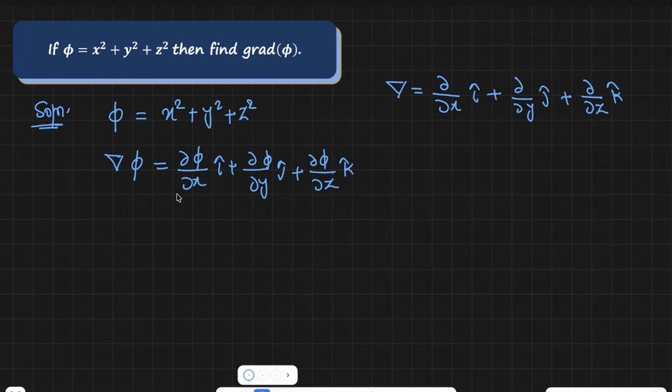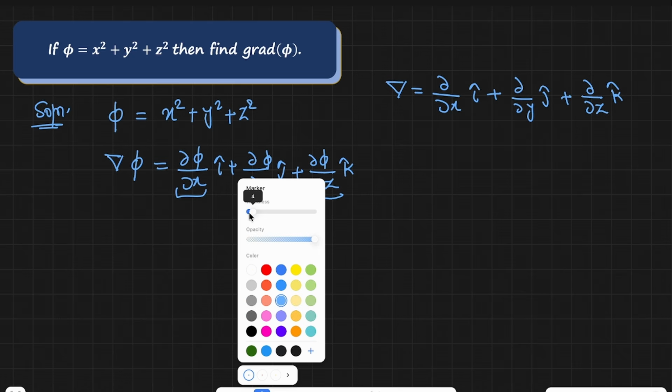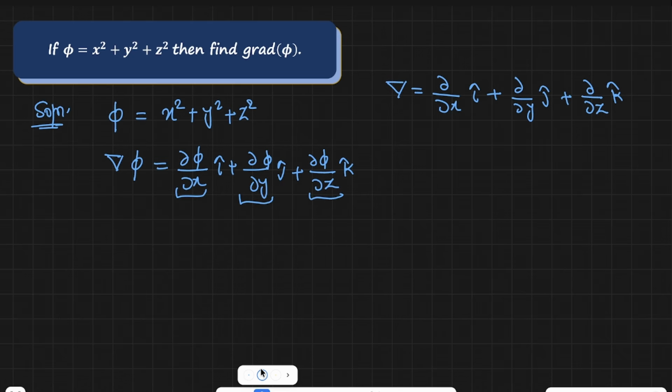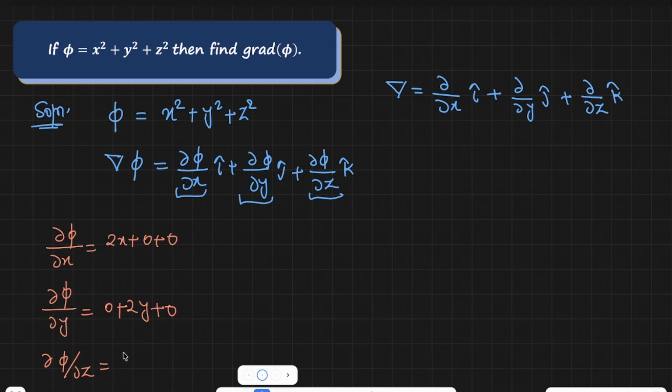So you have to find the partial derivatives of phi with respect to x, y and z. The partial derivative with respect to x of x square plus y square plus z square is 2x plus 0 plus 0. Similarly, dou phi by dou y is 0 plus 2y plus 0, and dou phi by dou z is 0 plus 0 plus 2z.